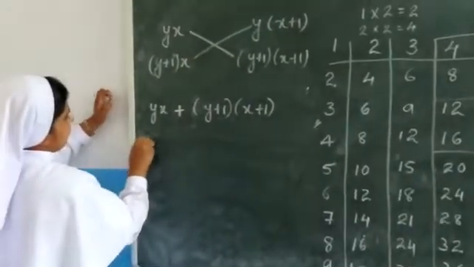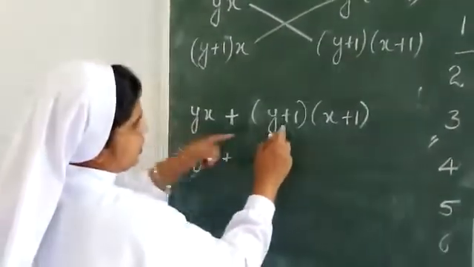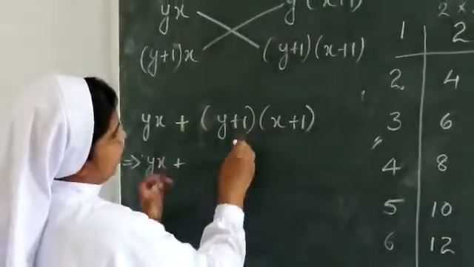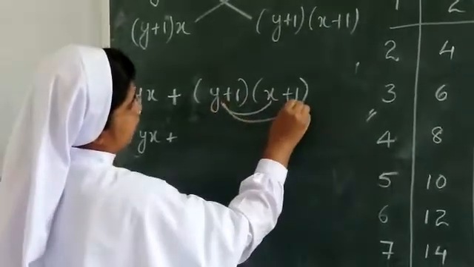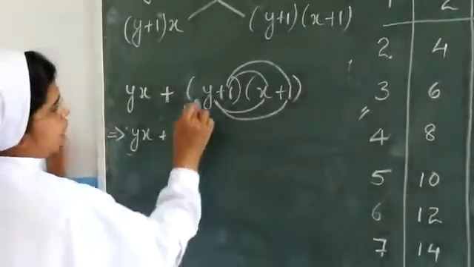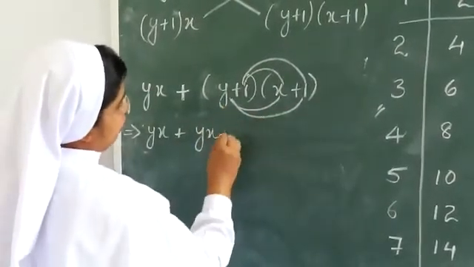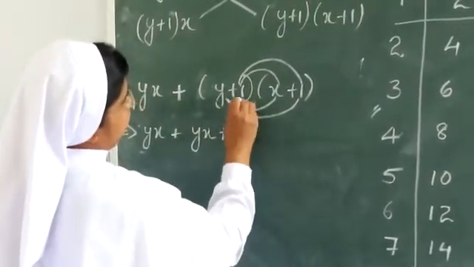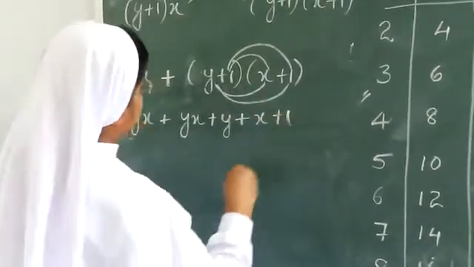So what do we get? We have here yx, but here you saw multiplication. These two are there, we have to multiply. Y into x, y into x, y into 1, 1 into x, 1 into 1. Y into x, yx. Y into 1, y. 1 into x, x. 1 into 1, 1.